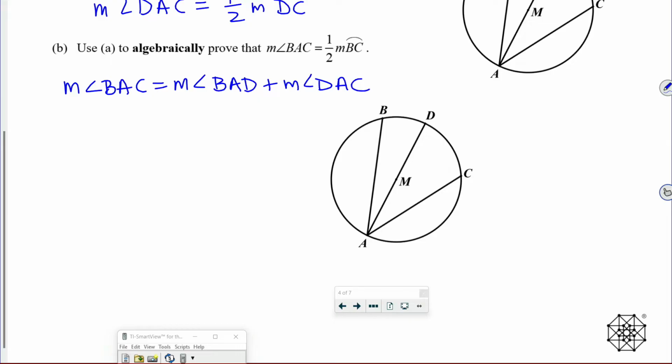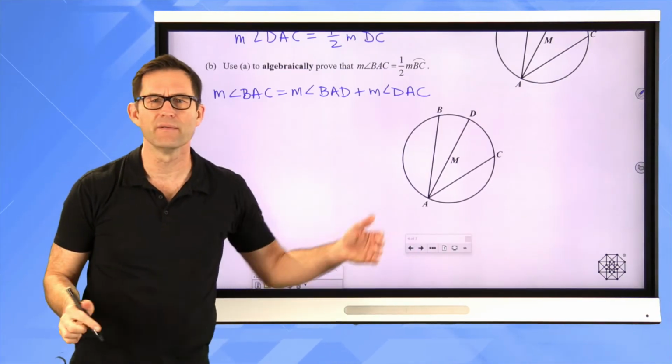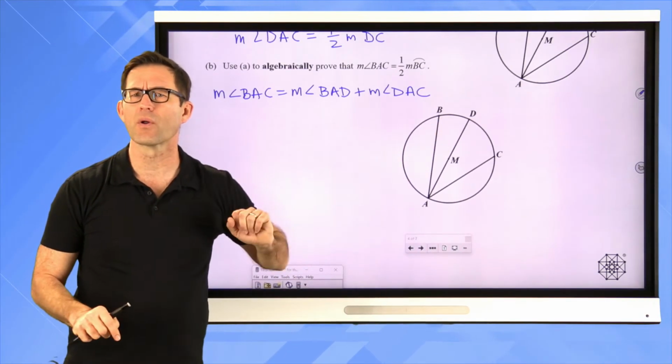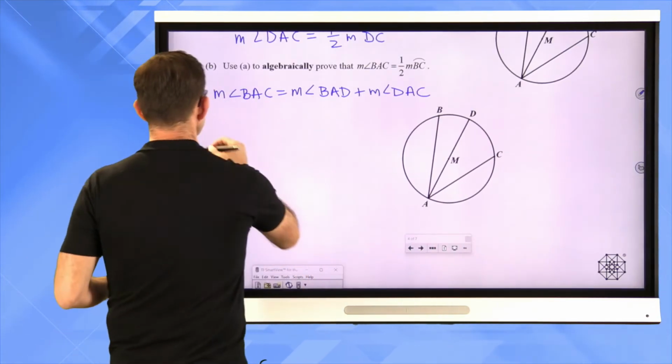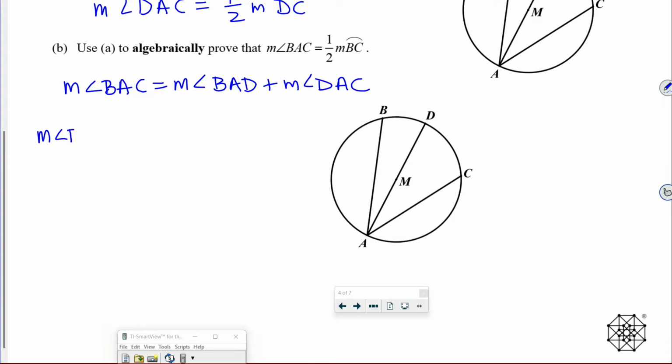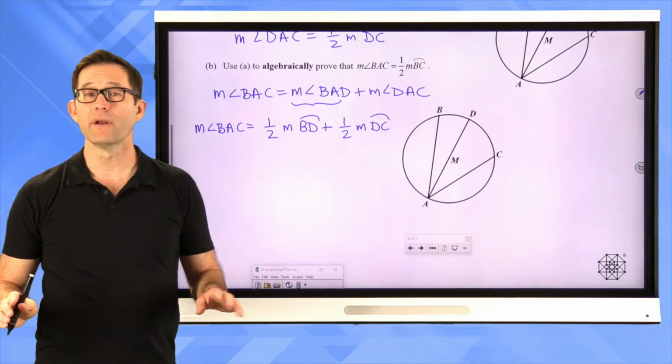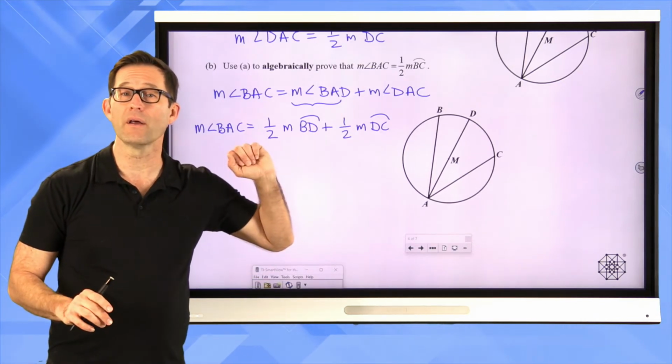That's just the whole is the sum of its parts. That would be true whether we're in a circle or not. But from up above, I can say, using the principle of substitution, that the measure of angle BAD is 1/2 the measure of arc BD, and the measure of angle DAC is 1/2 the measure of arc DC. Simple enough, just using what we saw in A.